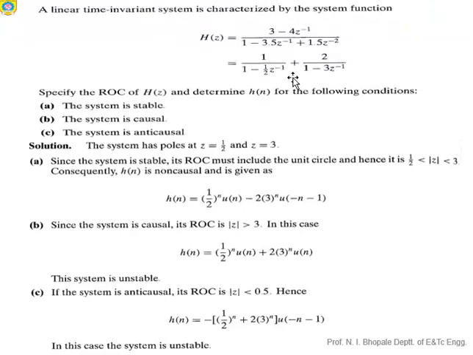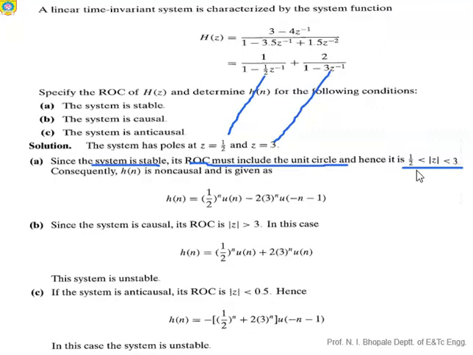Simplifying H of z, in order to have a stable system, the poles after simplification will be 1 by 2 and 3. To have a stable system, recall the concept that the ROC must include the unit circle. So to include the unit circle, the ROC is taken as 1 by 2 less than mod z less than 3.